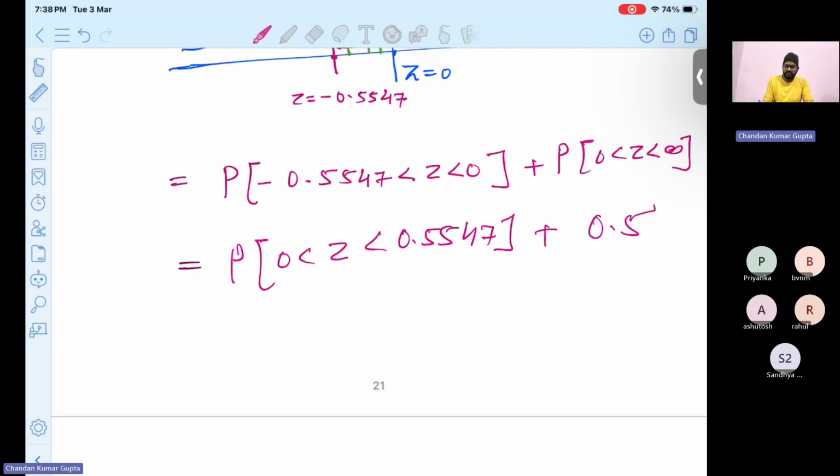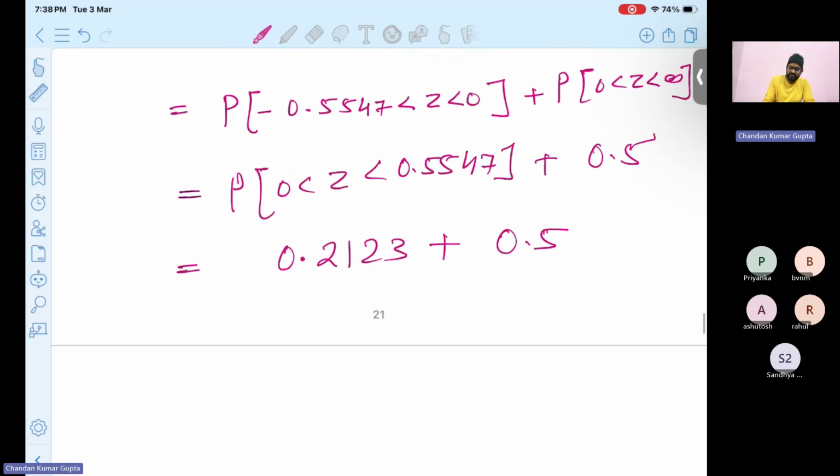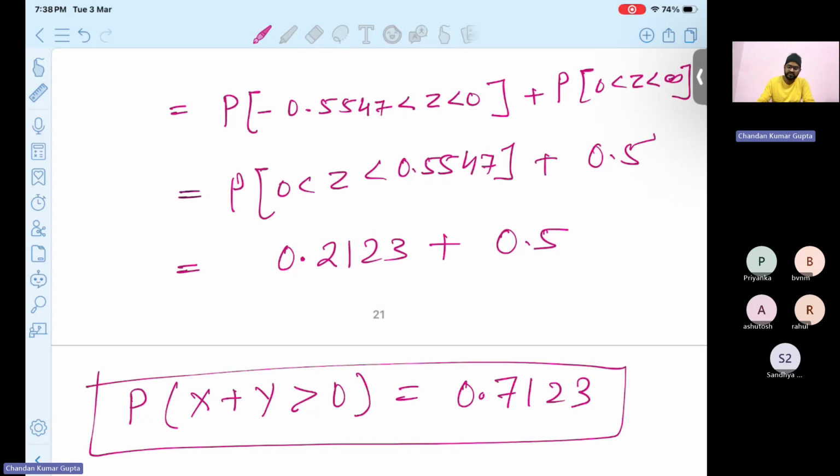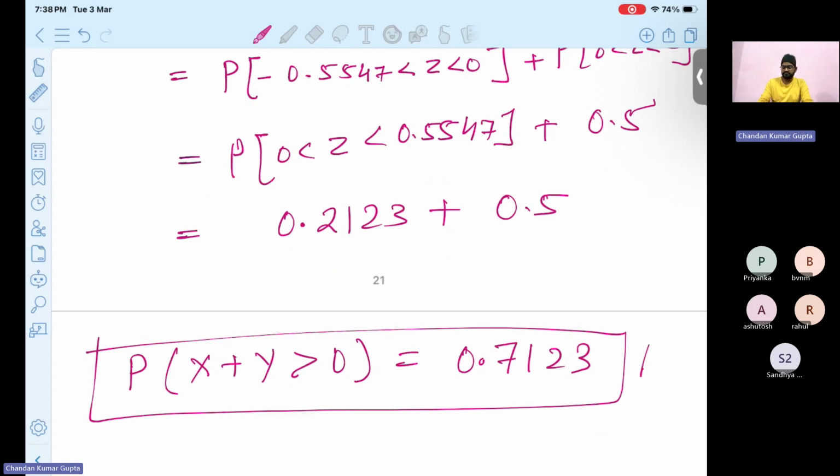Now, in the normal table, the value comes out to be 0.2123, plus 0.5, so the probability comes out to be 0.7123. So this is the final probability. Is it okay up to this point?